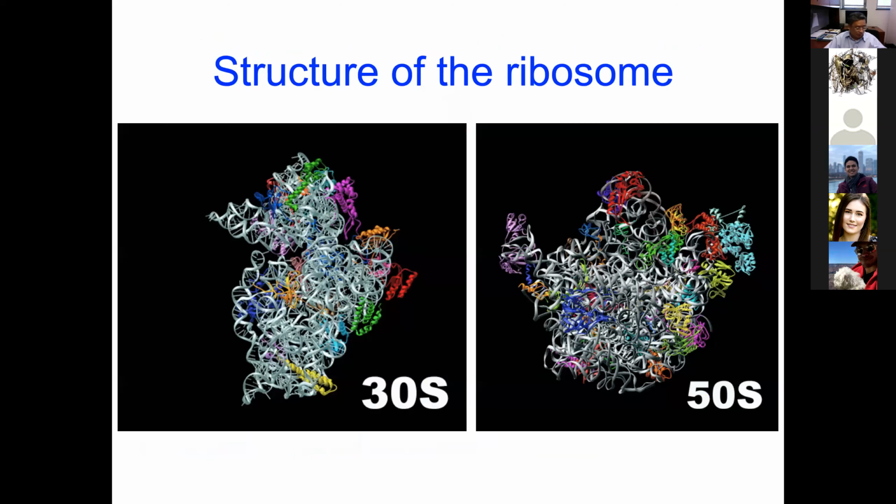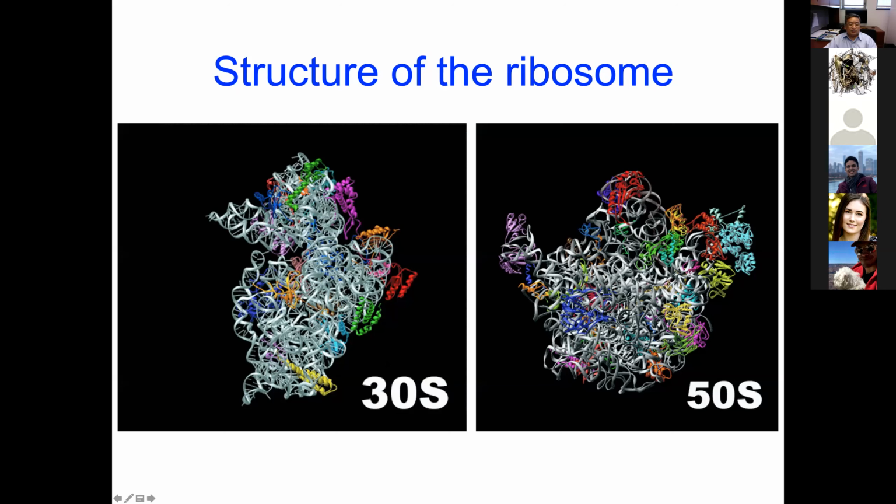Now I will move on to talk in a little more detail about the ribosome. You see here the two subunits, and this is the 50S ribosome subunit, the large subunit. Those grayish ribbons are the scaffold of the ribosome, the ribosomal RNA molecules. And the colored globular proteins decorate the surface of the ribosome.